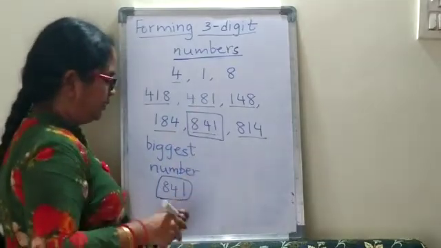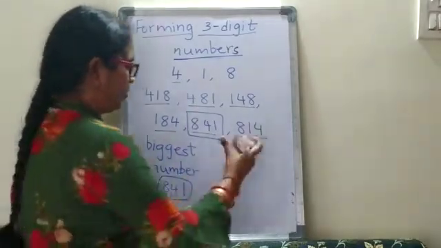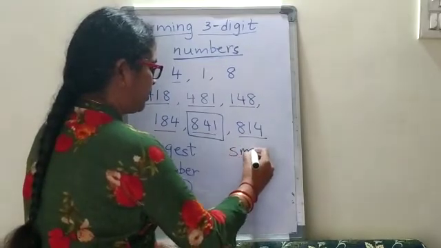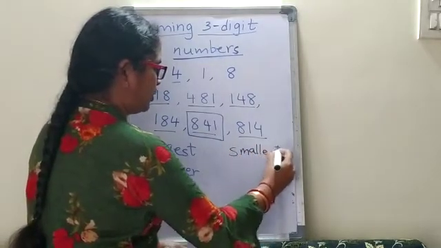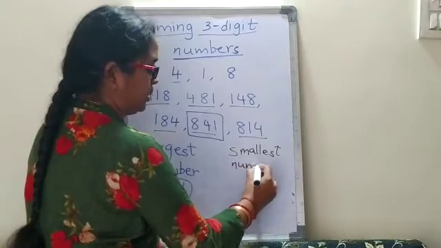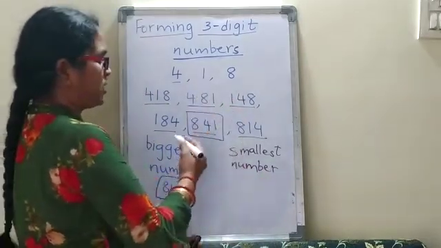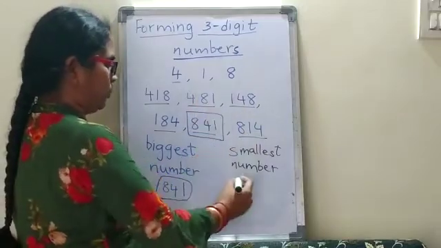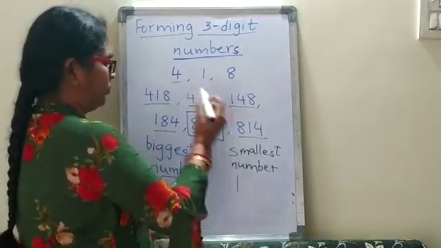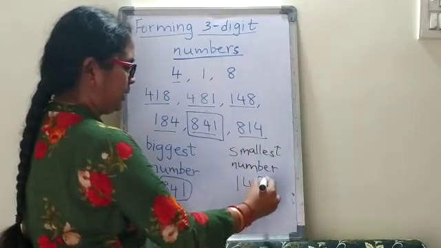And now how to write the smallest number that can be formed using these 3 digits: it can be written by writing the given numbers from small to big. That is, first write 1, then 4, then 8.